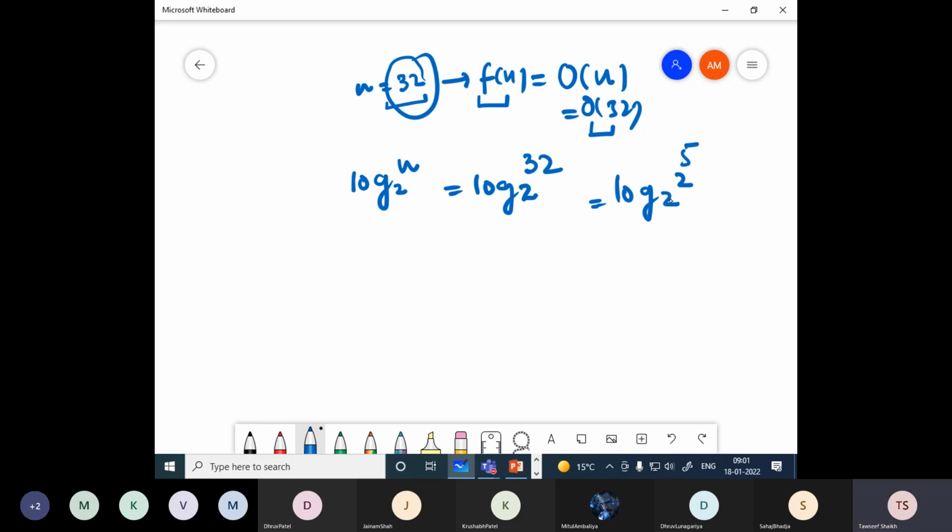And log 2 to the base 2 is equal to 1. So 1 into 5 will be equal to 5. So this complexity is very much lower than this complexity, that is 32.